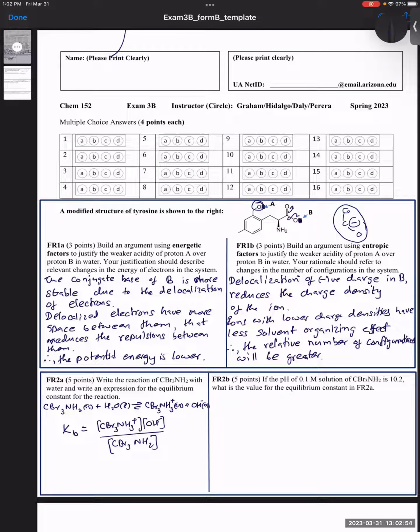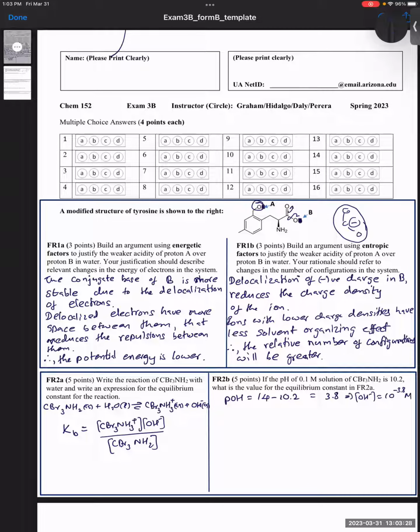You're given the pH. We know the pH plus pOH is equal to 14. Therefore, pOH is equal to 14 minus 10.2, which is going to be 3.8. So that's the pOH. And then we know if the pOH is 3.8, that means the OH- concentration is 10 to the power of minus 3.8 molar.